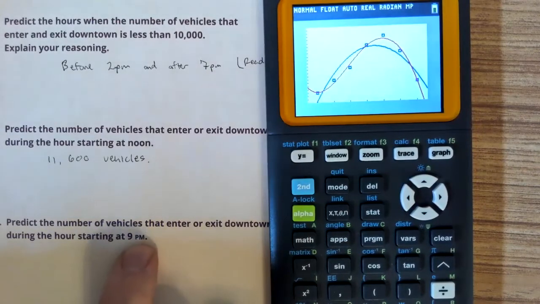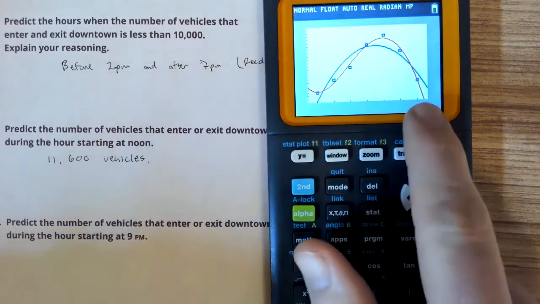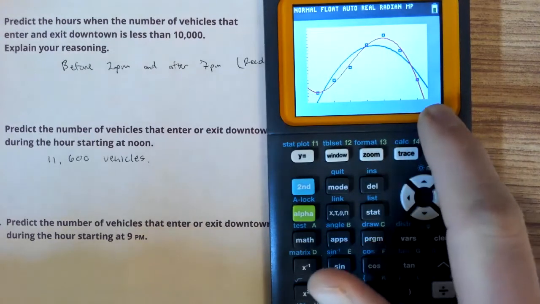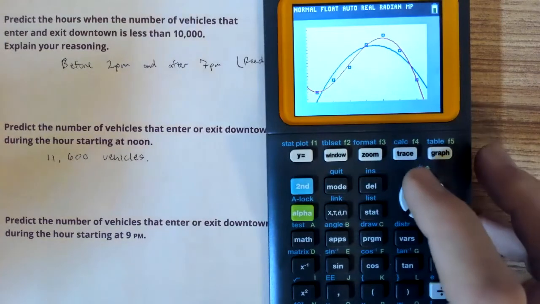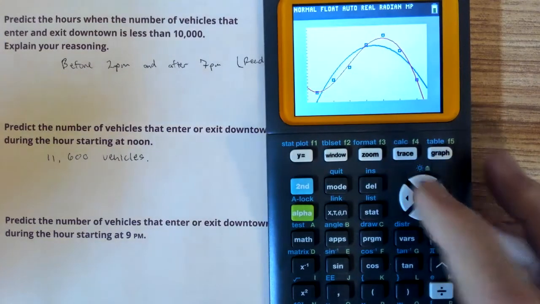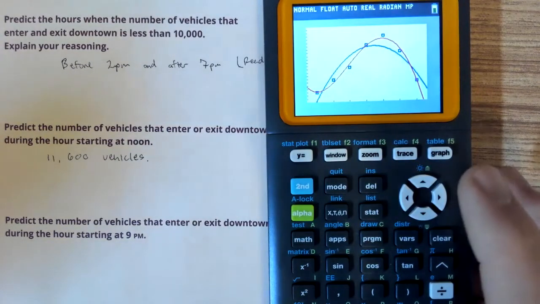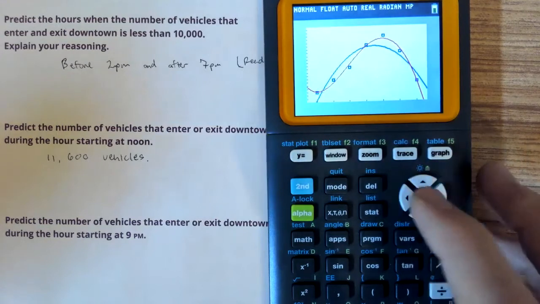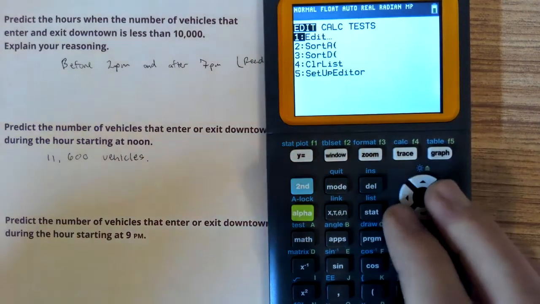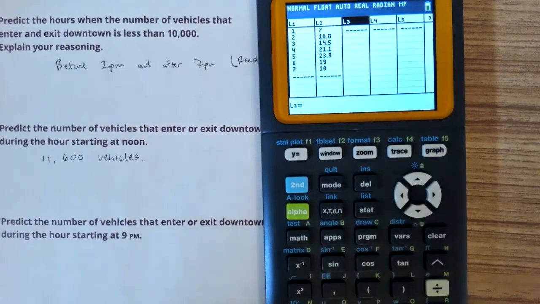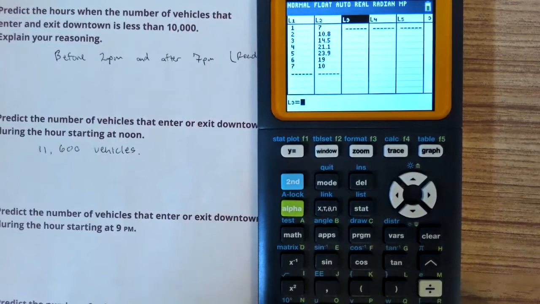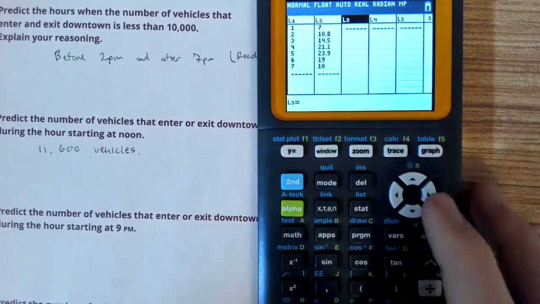If we kept this function going, instead of stopping at 7, we stopped at 9. That's one way we could do it. So, trying to think the best way that I could do this for you. Maybe if we go to stat and then back into our list, we can make L3 equal to Y1.